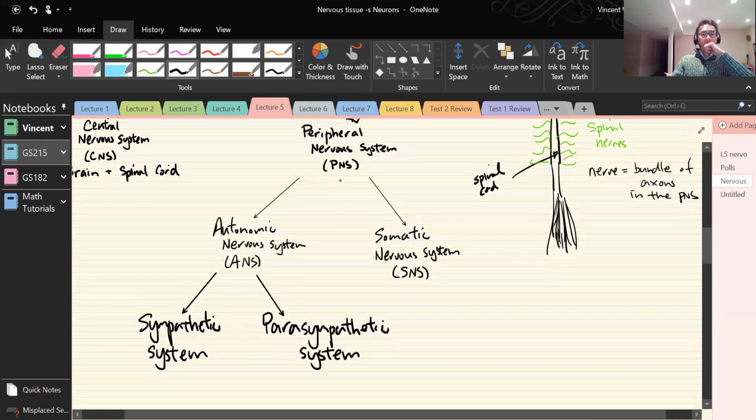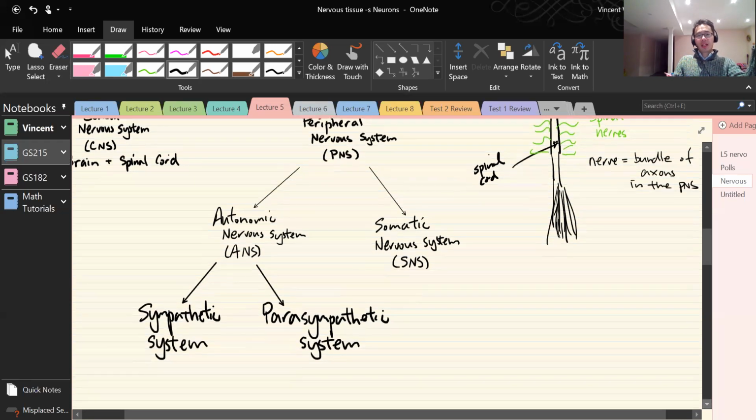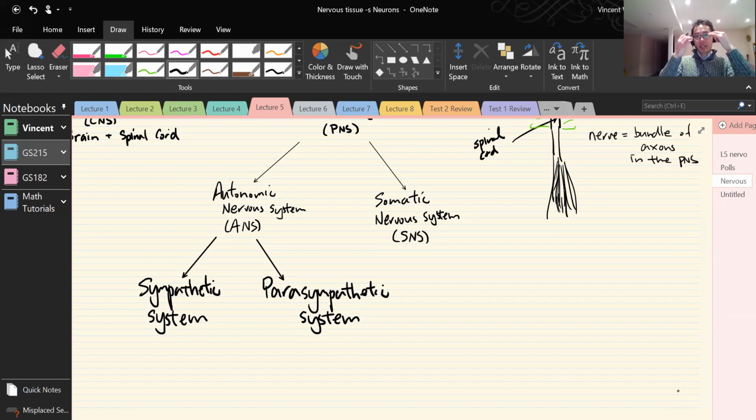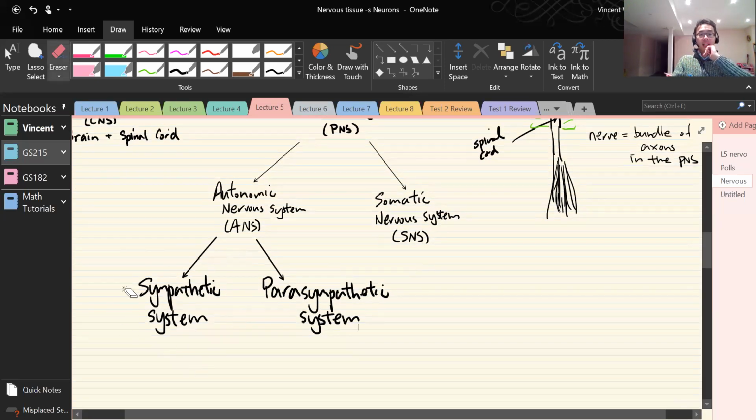The sympathetic system is most active when you are excited, when you are in danger. It's responsible for the fight or flight response. So it will increase your heart rate, increase your breathing rate. It will divert more blood to your muscles so you can run away from the danger, for example. It will dilate your pupil so you can see better, right? So all these things are going to be the function of the sympathetic system.